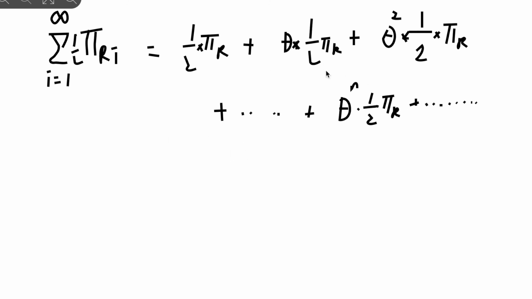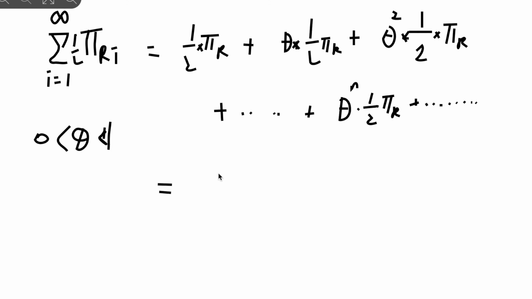So there's a simple solution when theta is between 0 and 1. If this is between 0 and 1, we can have the summation for infinitely repeated.